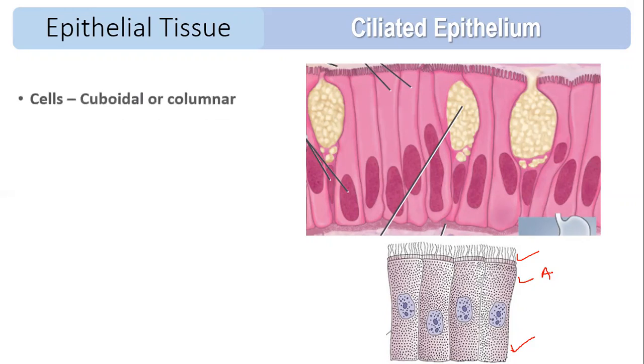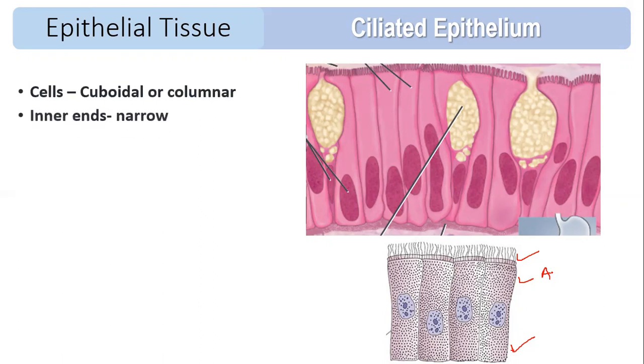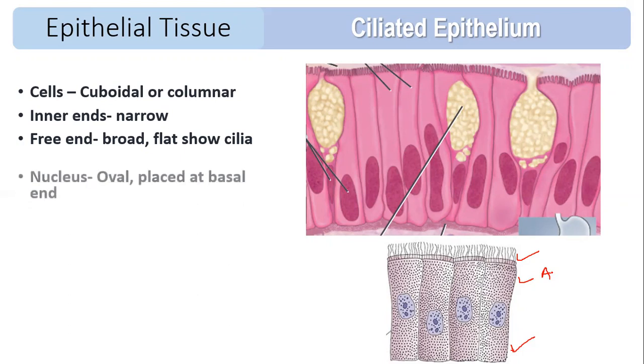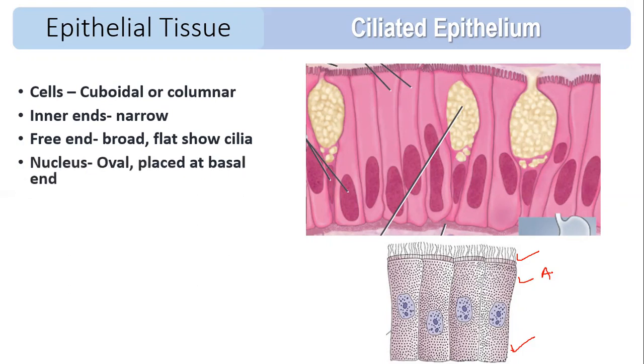So see, the cells can be cuboidal or columnar. The inner ends are narrow, the free ends are broad. The free end shows the presence of hair-like structures called cilia. The nucleus is oval and placed toward the basal end, near the base.